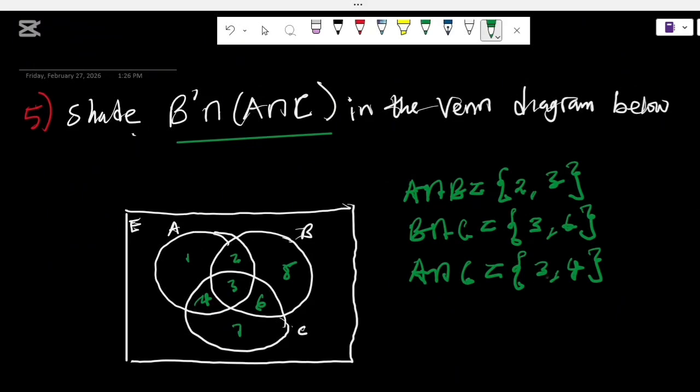But because 3 is also in set B, therefore 3 shouldn't be included. So 3 shouldn't be shaded. Therefore, we are only going to shade the 4 region, which is actually here. So this is how we are going to shade this particular set description.